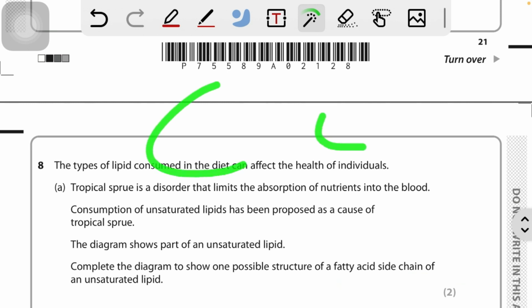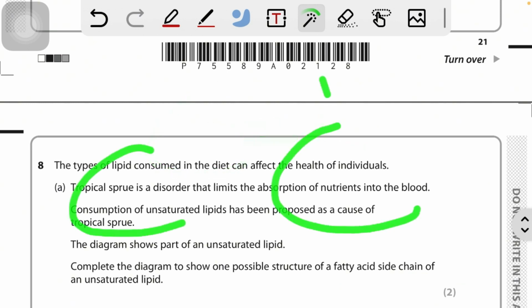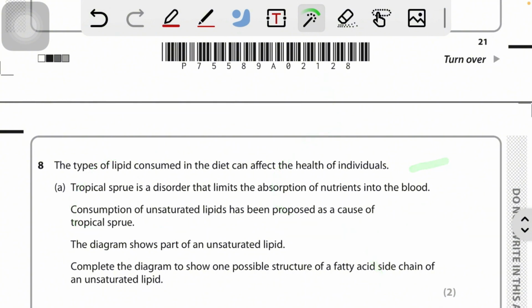A carbon-carbon double bond, and all the carbons bonded with H. So a carbon can have 4 bonds. Okay, 4 bonds. We need to just keep that in mind. And so when a carbon has a double bond in it or is attached to another carbon, we need to place the number of hydrogens according to its bond number.